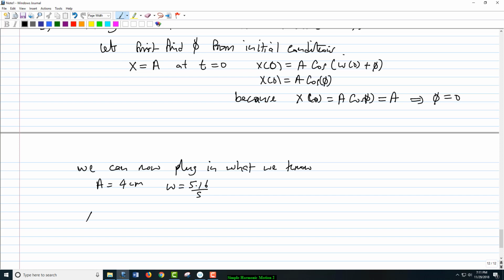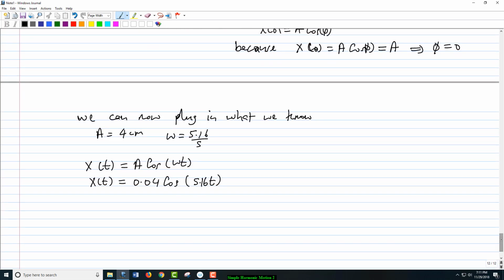And so we can write x of t, which we know is A cosine omega t, to be equal to 0.04 cosine 5.16 t. So this is your displacement x of t. Note that the amplitude is in meters, so I changed from 4 centimeters to meters, which is 0.04 meters. So that's your displacement x of t.